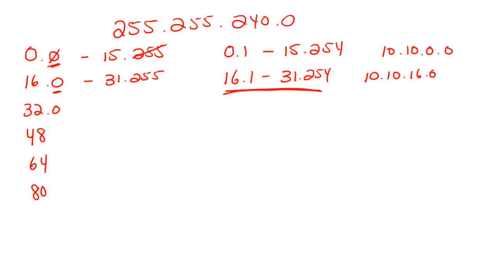I'm not starting my pool with 16.1 because I'm going to make sure that my default gateway, which is my router, is the one that I assign 16.1. I have a second router on that same subnet, and that router I'm going to assign 16.254.